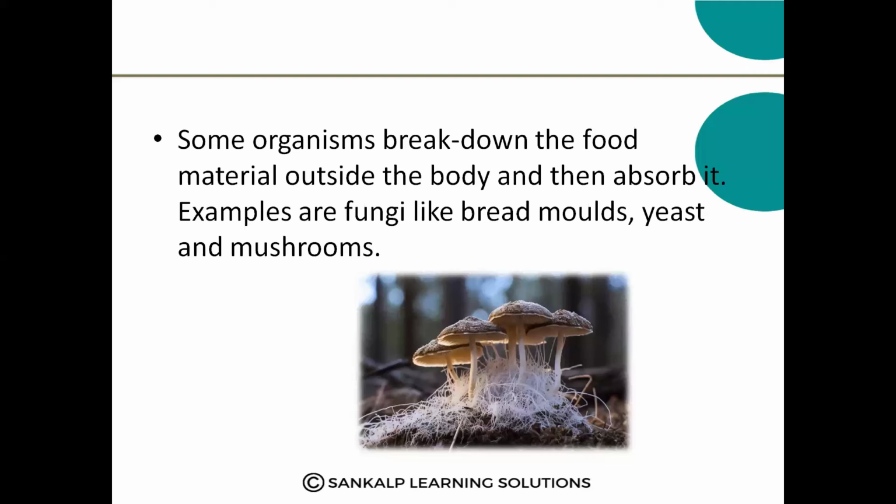But some organisms like mushrooms, yeast, and molds like fungi, what is the speciality of these species? They break down the food material outside their body, and after that they absorb. So that is a different type of heterotrophic nutrition.